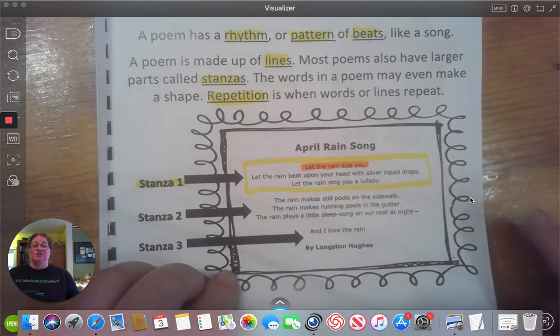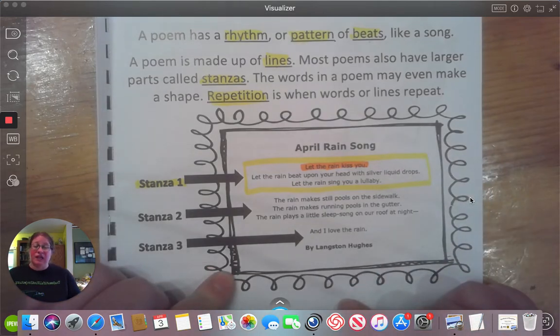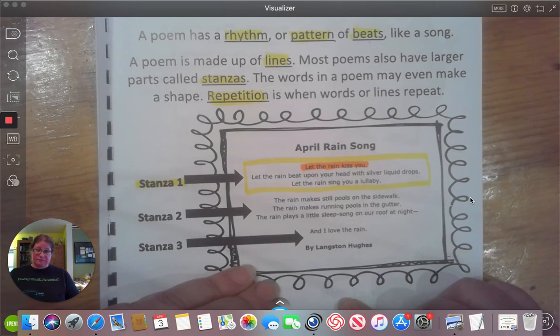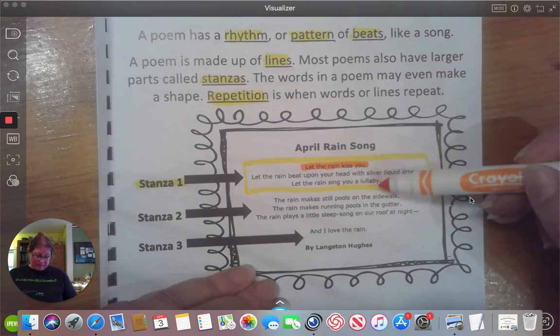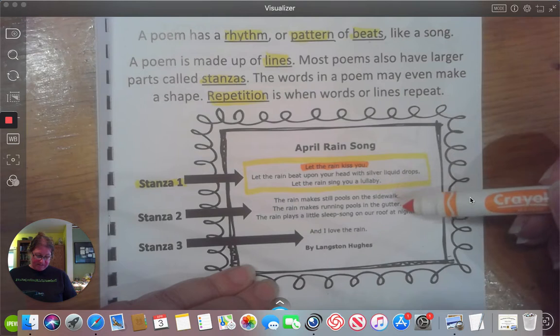So, if you had to count the number of lines in this poem, how many lines are there? I'll give you a minute to count them. Now let's count them together. 1, 2, 3, 4, 5, 6, 7.